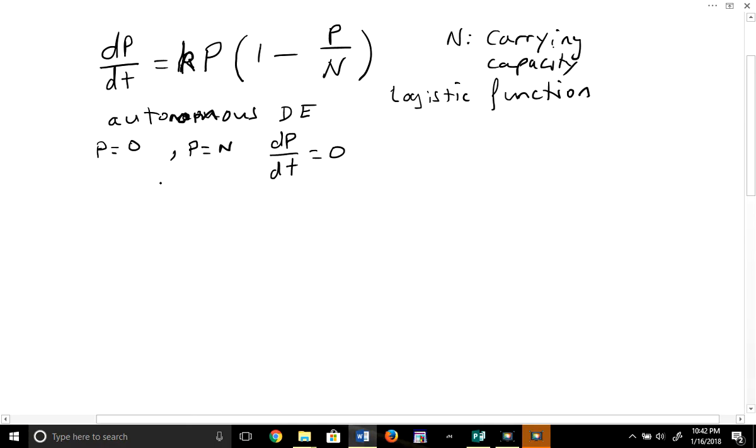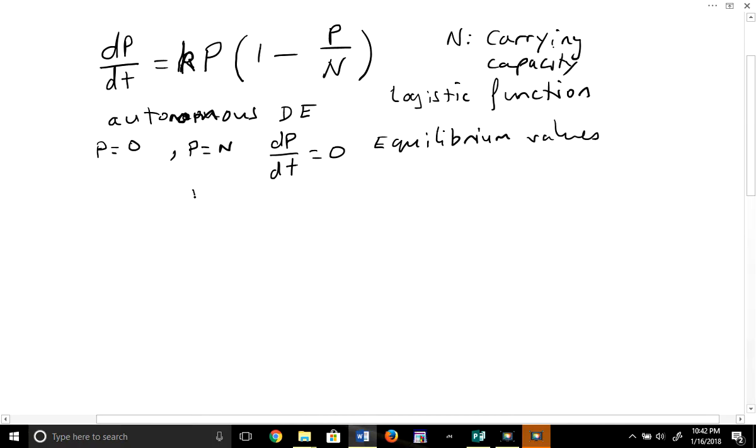These values are called equilibrium values of p. And what does that mean? Well, it's saying that when p is equal to these values, the rate of change is 0. Nothing's happening. It's not changing. dp/dt is 0 means we have a horizontal line in terms of the t axis.